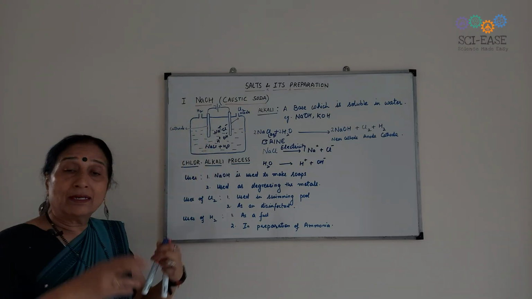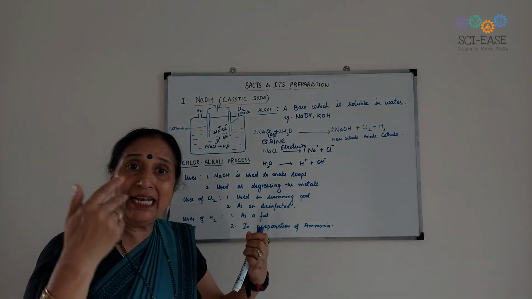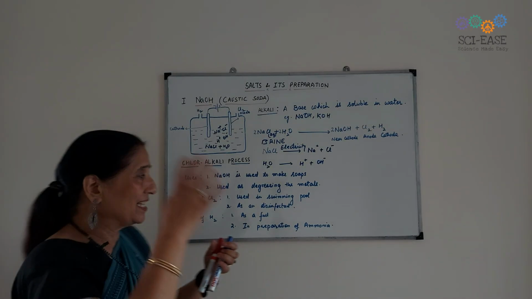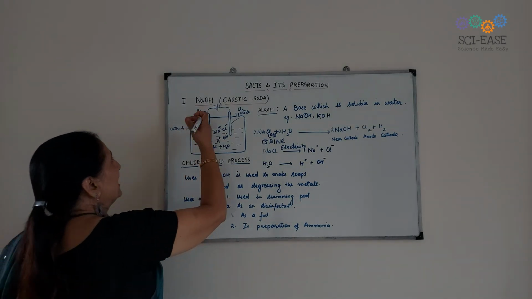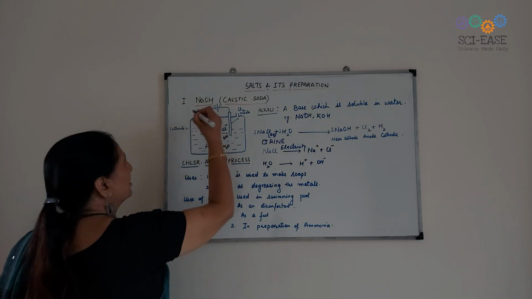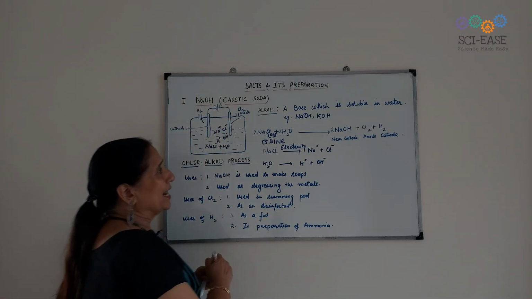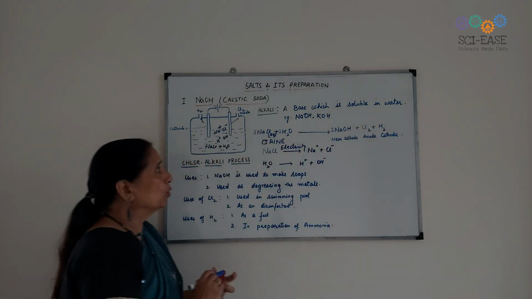Here H positive ions combine to result in the formation of H2 gas. So H2 gas will be liberated at the cathode.